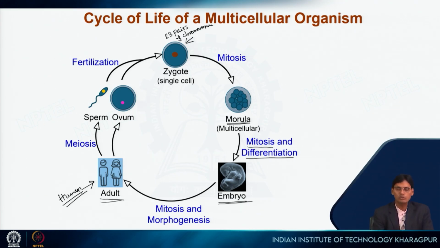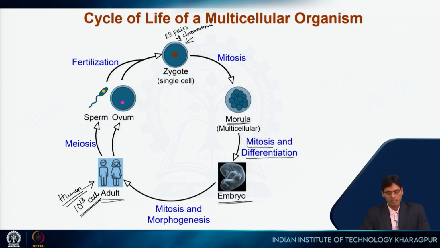In an adult, approximately 10 to the power 13 cells are present in the human. Those cells are produced because of mitosis, and in a complex body plan, we have specialized organs, everything in its proper place, and that will help us.